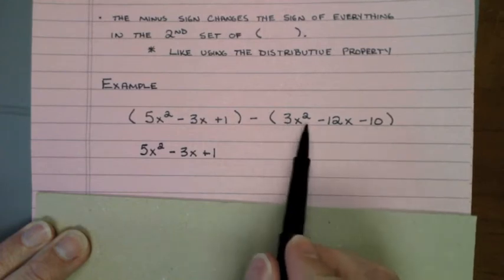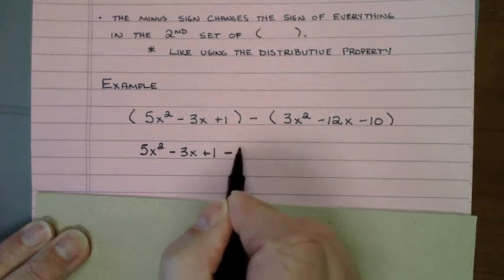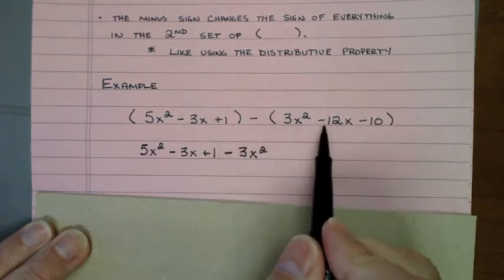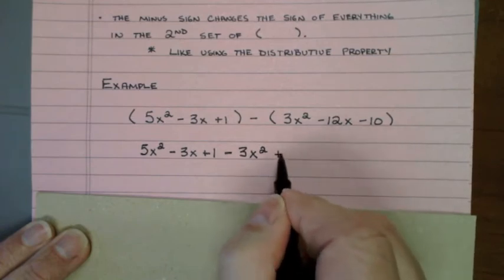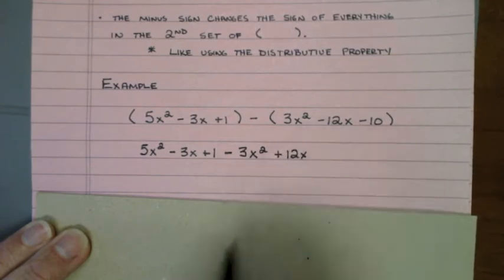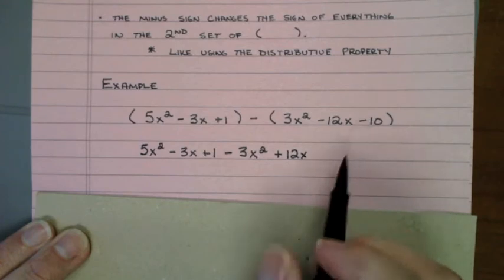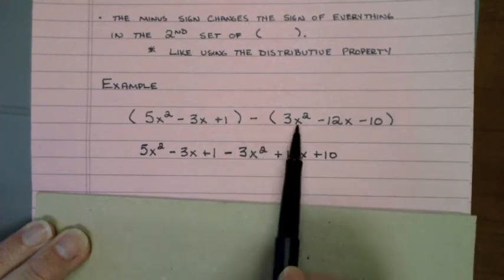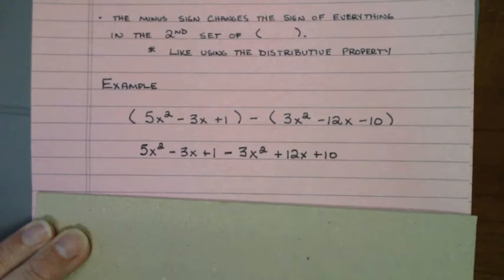Instead of positive 3x squared, I'm going to write down negative 3x squared. Instead of negative 12x, I'm going to write down positive 12x. Instead of negative 10, I'm going to write down positive 10. This negative sign changes the sign of each term of that polynomial.